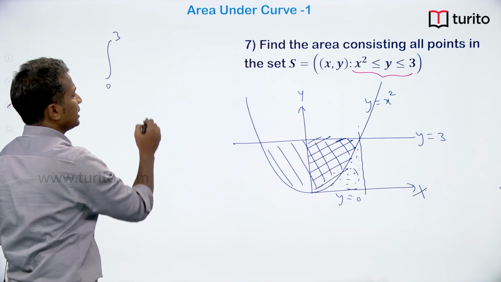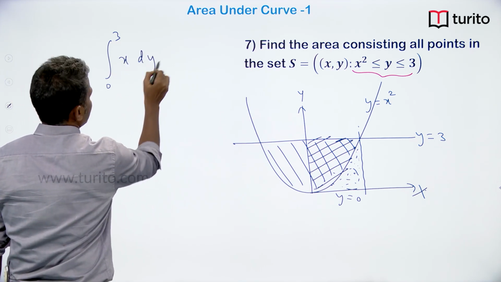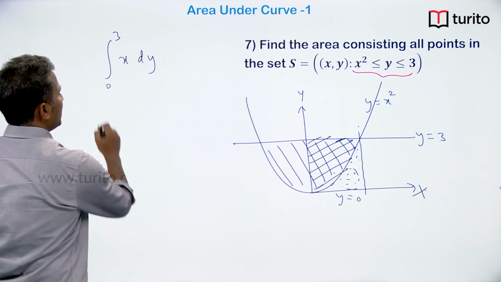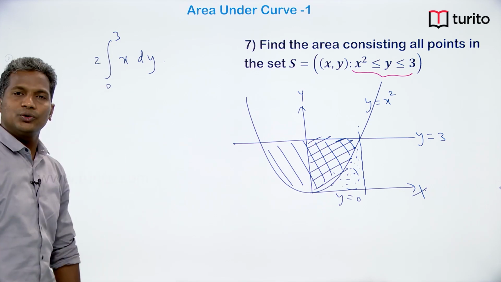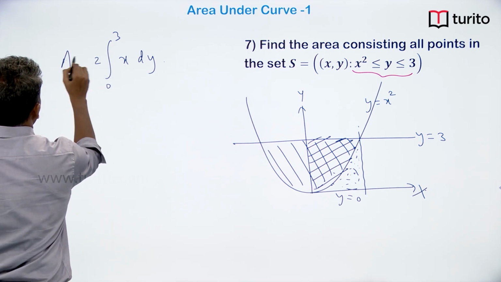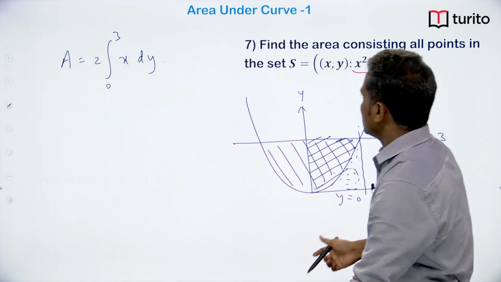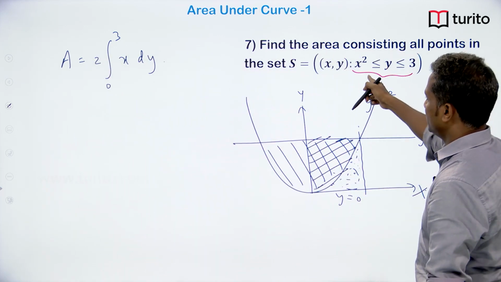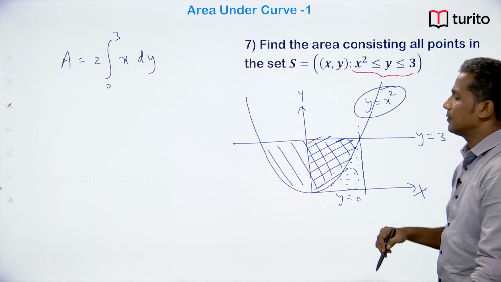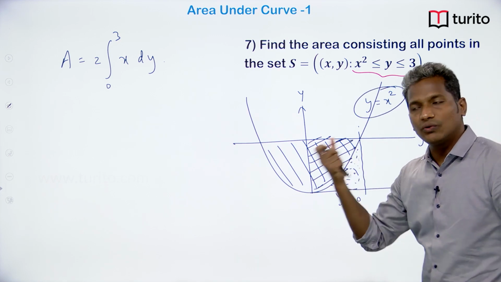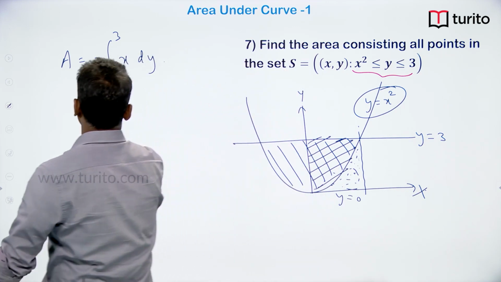So between 0 and 3 I am doing x dy, and if I multiply this with 2, I will get the required area. This is my plan and I am going to execute the plan. Because here, if we look at this curve, x is equal to root y, so we have to put root y here.